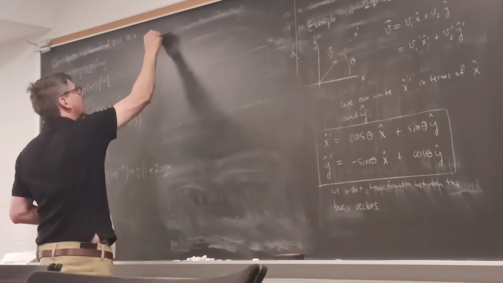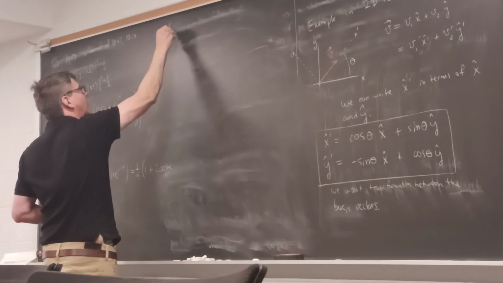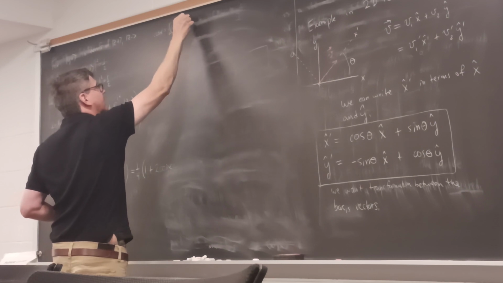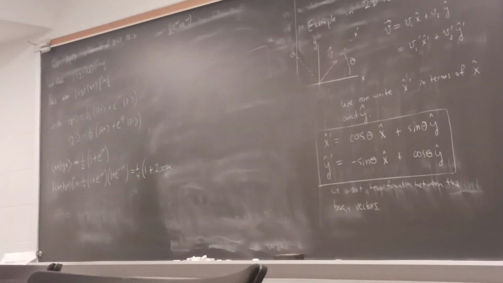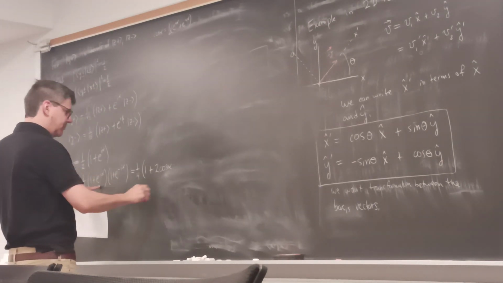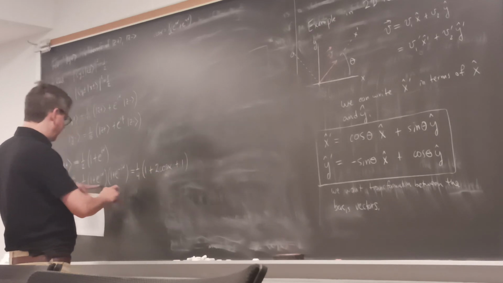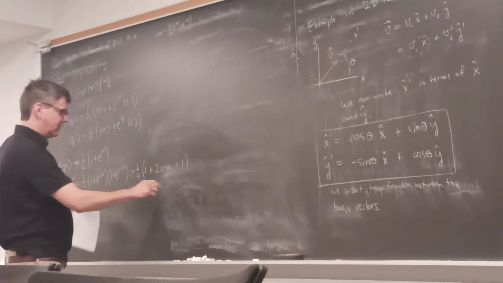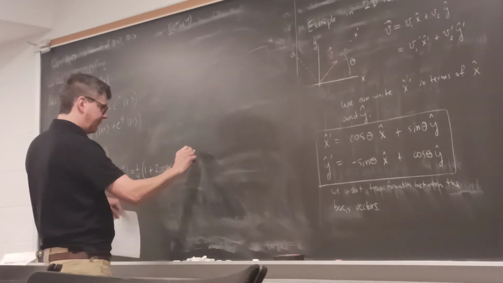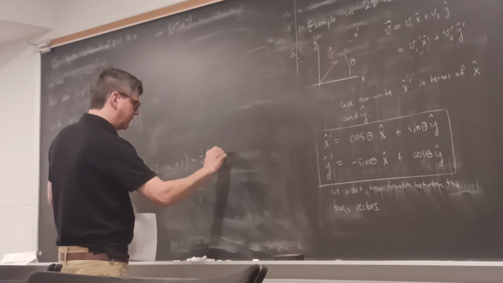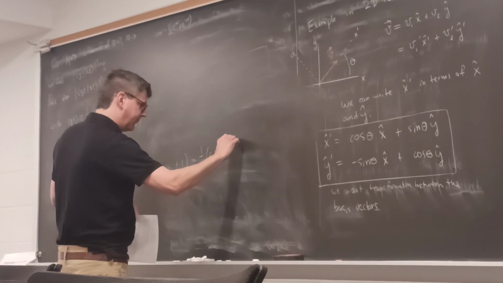So cosine alpha is 1/2 e to the I alpha plus e to the minus I alpha. Okay, so we get the 2 cosine alpha from those two terms, and then when these multiply, I'll have this times this, which just gives me 1. So I have 1/4 (2 plus 2 cosine alpha).